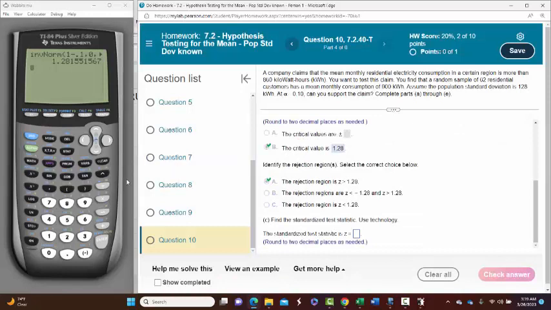Test statistic. So let's come in here. Z-test. The mu0 is, we're testing against 860.